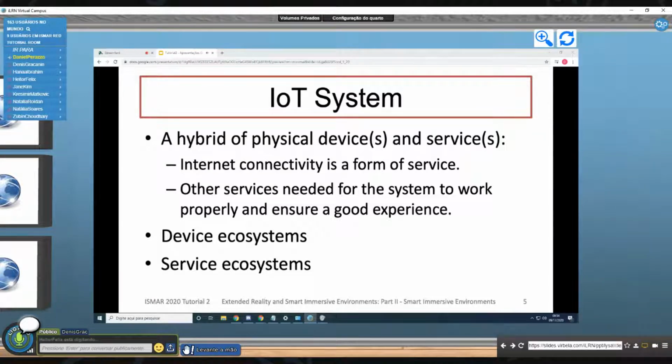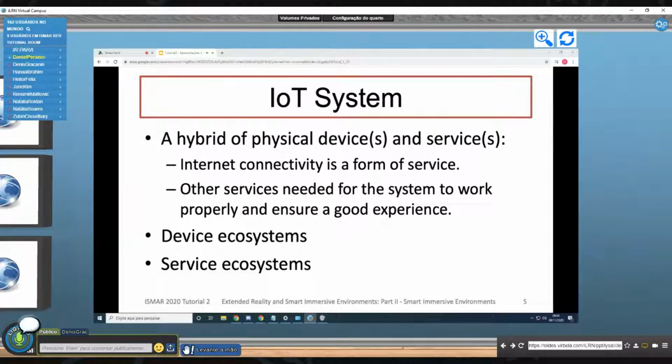So we can think about device ecosystems and service ecosystems merging together into a single hybrid ecosystem that results in the creation of an IoT system.